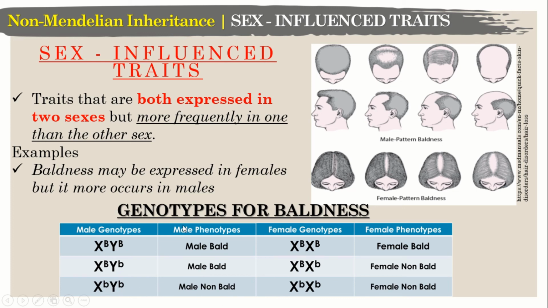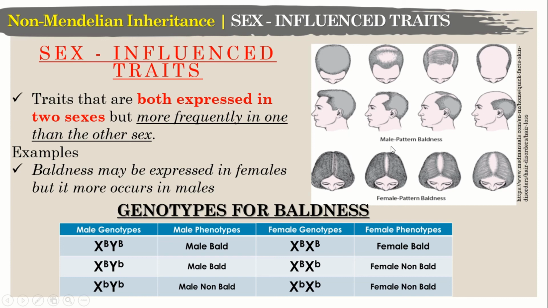That means the genotype for baldness is dominant in males. In females, it is the same: she must have the dominant gene for baldness for it to occur. Okay? But this time, we have your B here. We have female non-bald and female non-bald. Or rather, baldness is recessive in females. So, that trait is recessive.